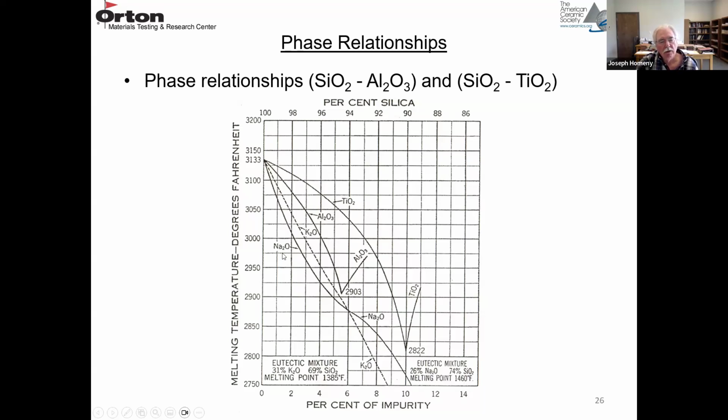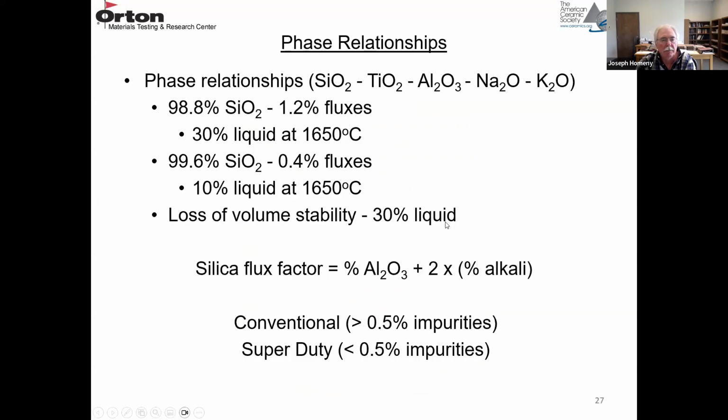So any one of these impurities really hurts the high temperature performance of a silica refractory. TiO2, Al2O3, Na2O, K2O, and sometimes Fe2O3, if that's present, are the common impurities. If you have a combination of 1.2% of these impurities, you're going to develop 30% liquid at 1650 degrees C. So that would be more of a conventional silica refractory.